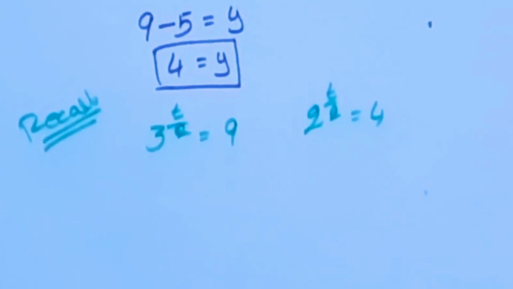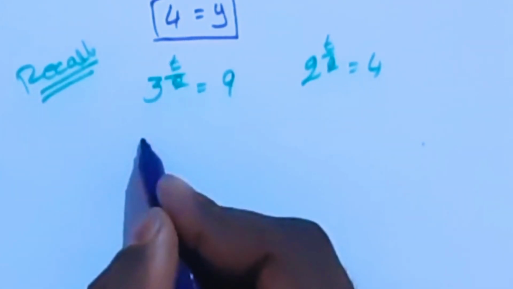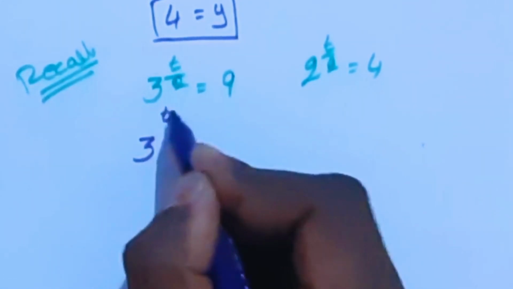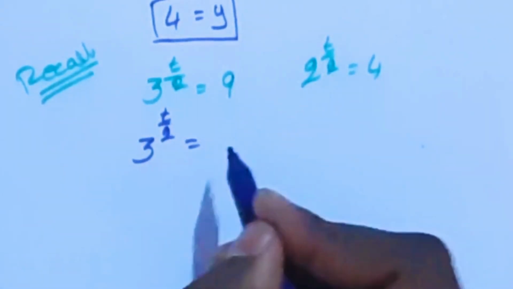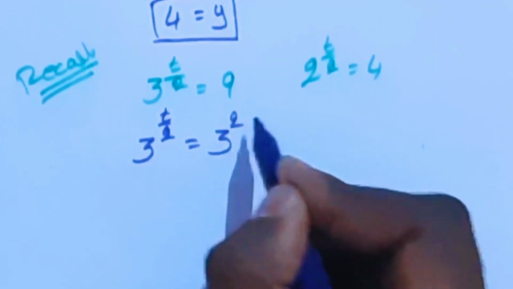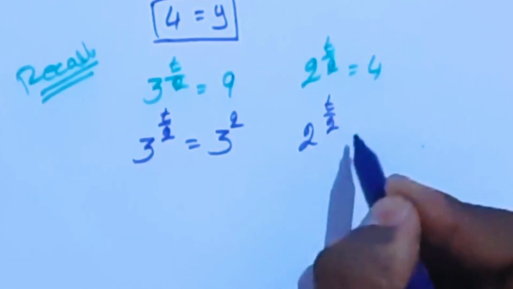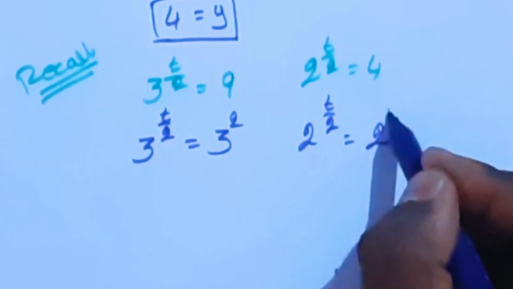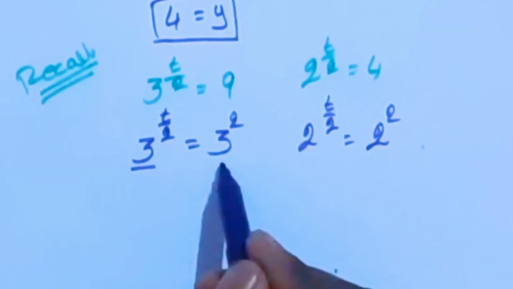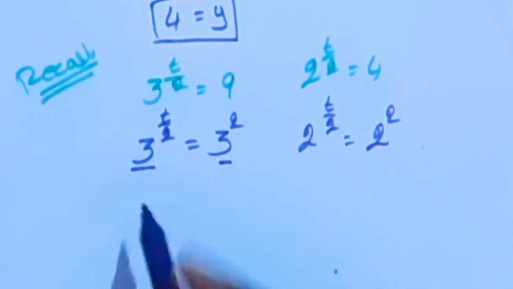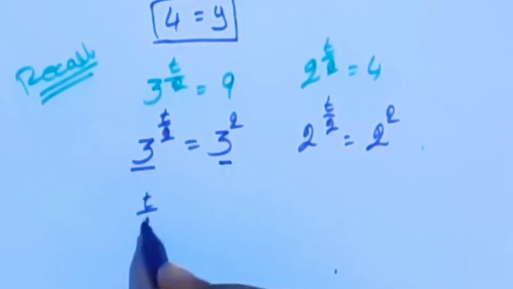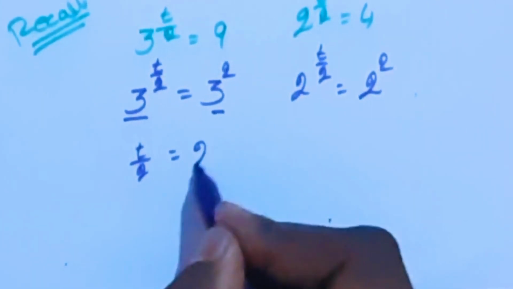Now this can be written as 3 to the power of t by 2 equal to, this is 3 to the power of 2. Here 2 to the power of t by 2 equal to 2 to the power of 2. Now bases are the same, so powers should be the same. So t by 2 equal to 2.